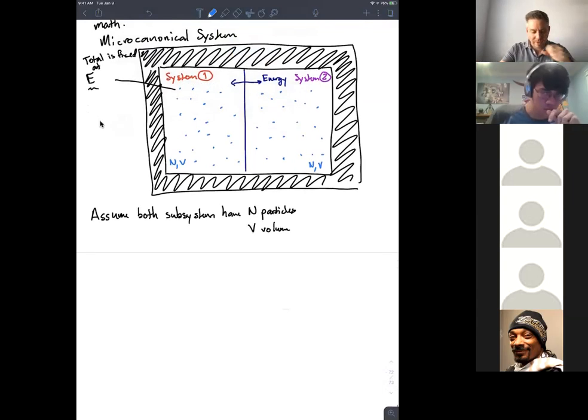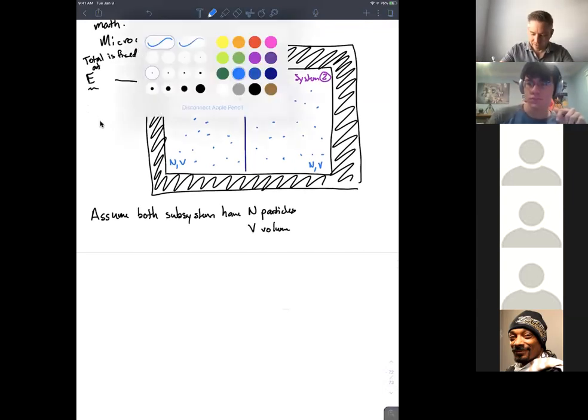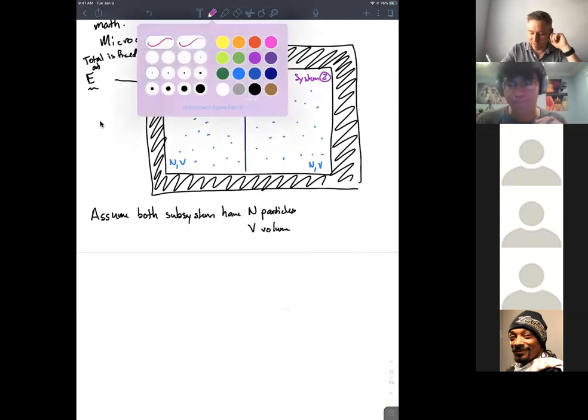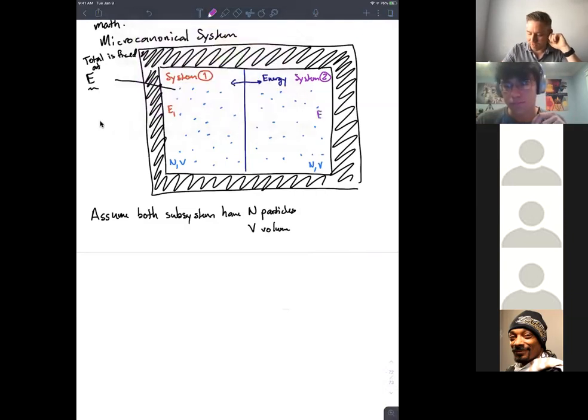Okay, so now the idea is that the entire box has total energy E. System 1 is going to have some amount of energy, E1, and system 2 is going to have some amount of energy, E2.